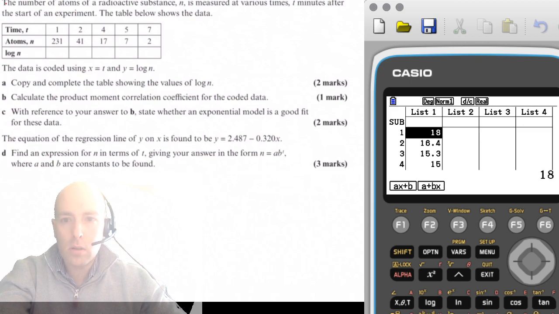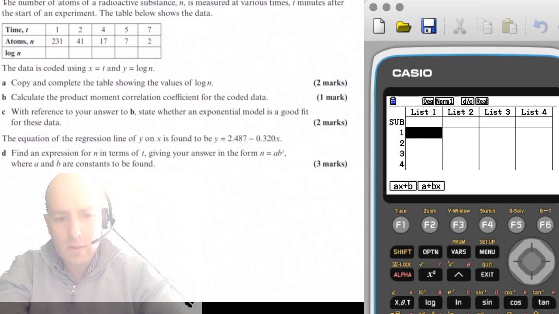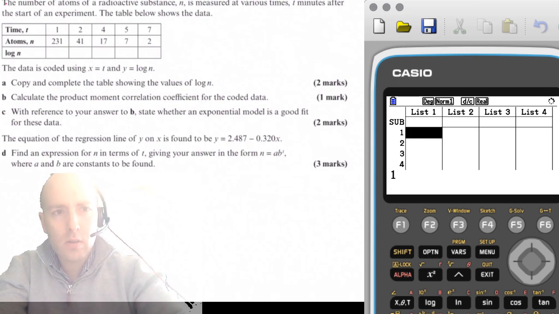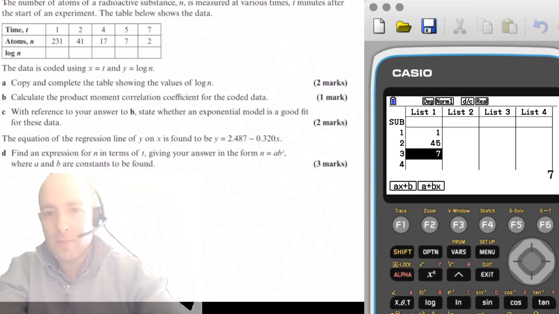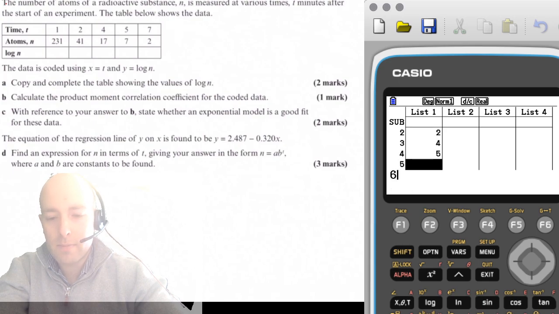Cool. So in this one, we're going to have 1, 2, 4, 5, 7. Don't know why I said that. Oh, mucked that right up. Look at that. 1, 2, 4, 5, 7, 7.